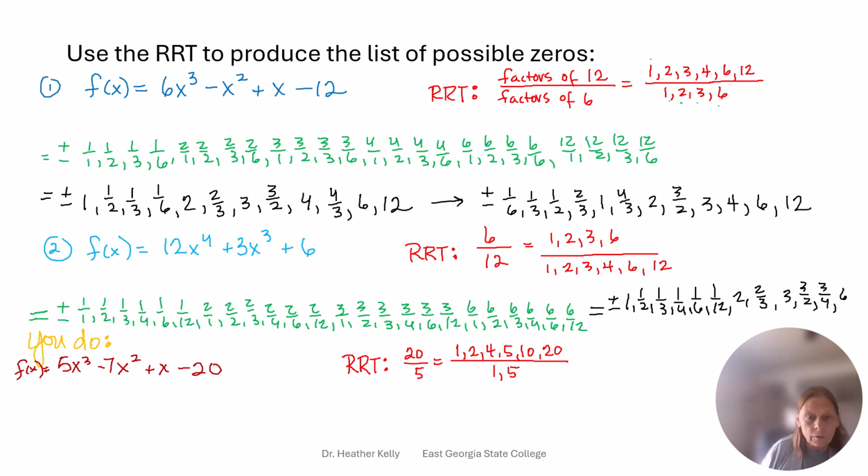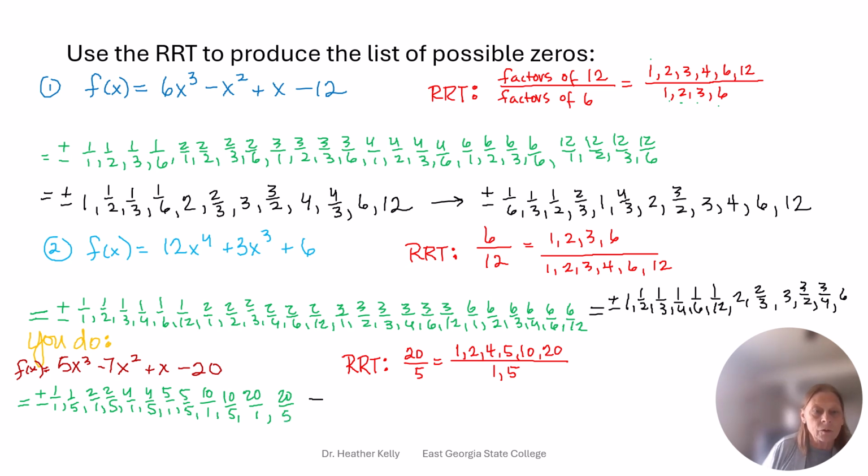Okay, let's see what we got here. We've got plus or minus 1 over 1, 1 over 5, 2 over 1, 2 over 5, 4 over 1, 4 over 5, 5 over 1, 5 over 5, 10 over 1, 10 over 5, 20 over 1, 20 over 5.